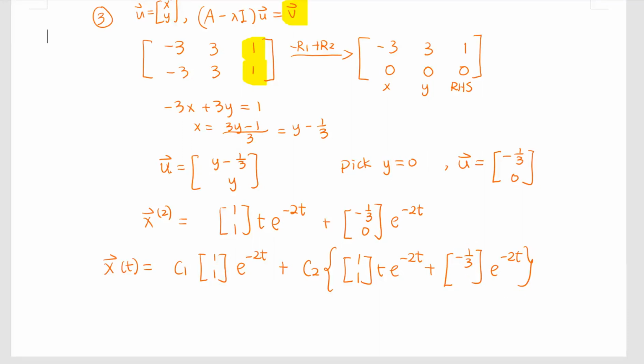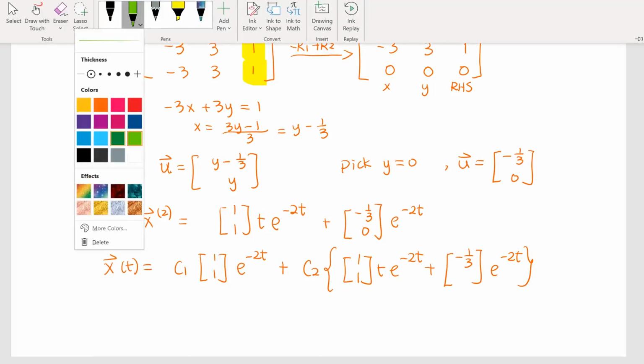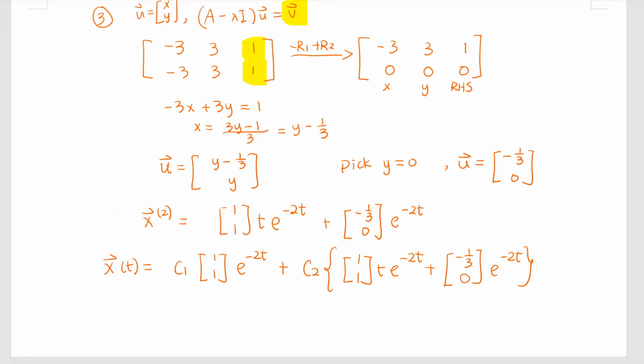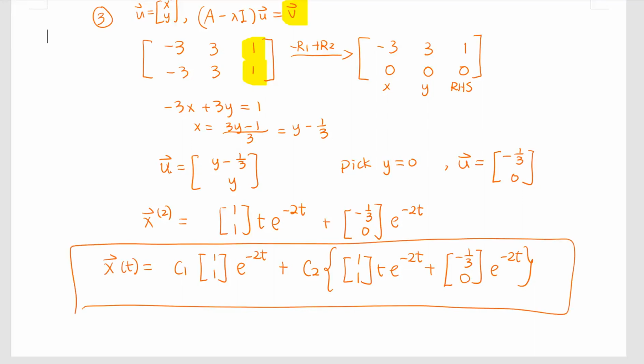Sorry, I erased that by mistake. Do we have an initial condition for this problem? No, we don't. Then this is our final answer to this problem. So we have found two solutions to generate the solution space.